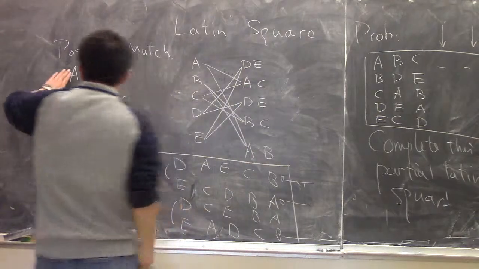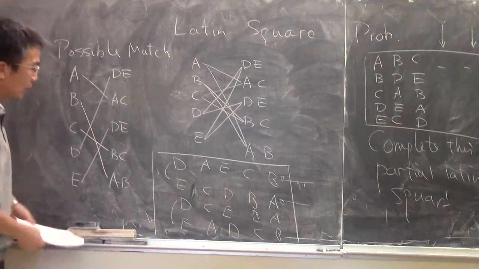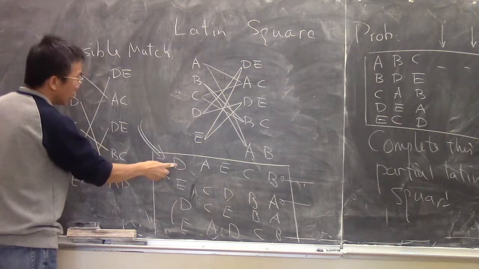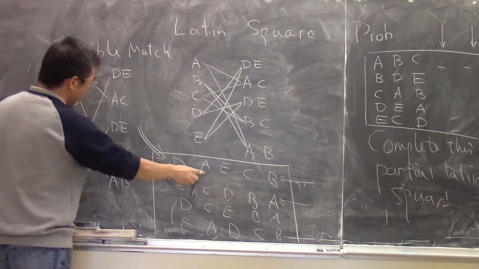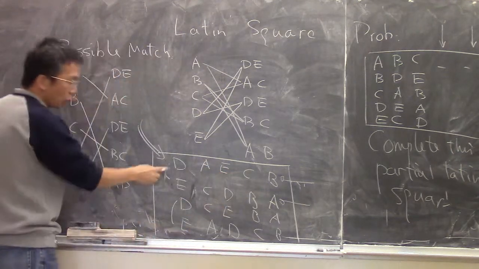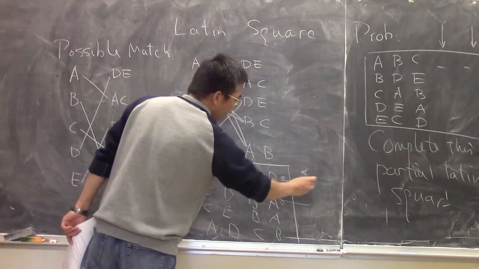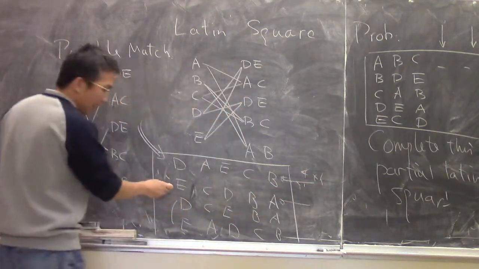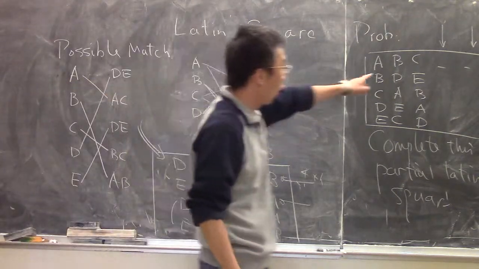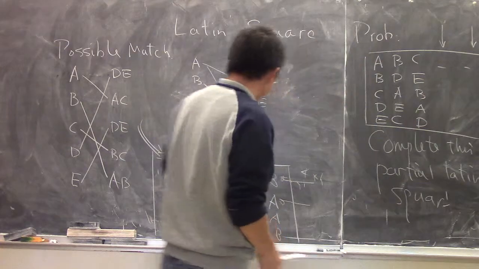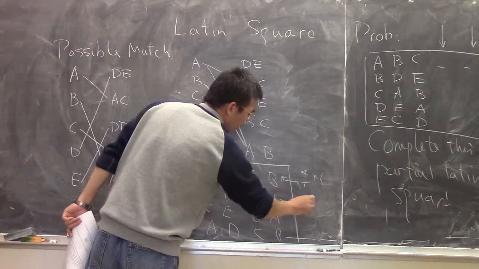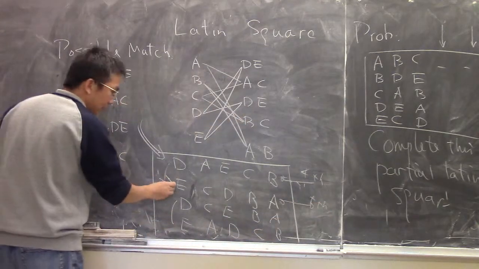So for example, I find one match here. This match is presented in this row: I pick D, pick A, pick E from the third word, C, B. Of course, this is your fourth column, and then the fifth one really comes at no cost, because you only have one choice for the fifth column.